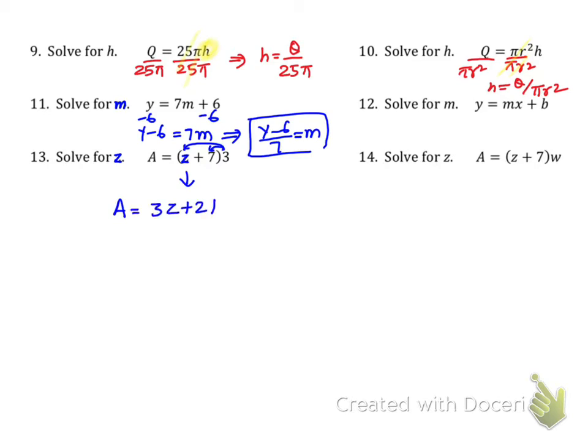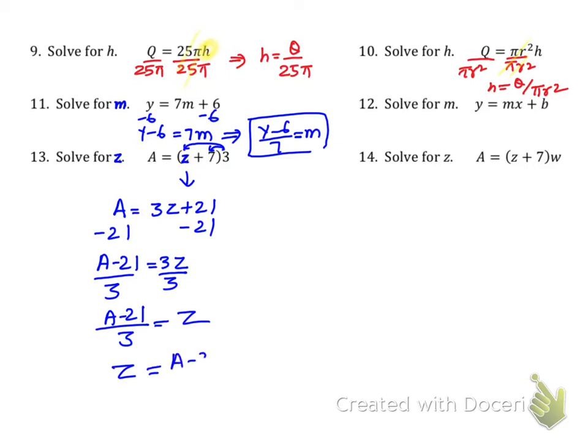I subtract 21 from both sides. I get a minus 21 is 3z. All right, and then you divide both sides by 3. You get a minus 21 over 3 is equal to z, or you can say z equal to a minus 21 over 3. That's the answer.